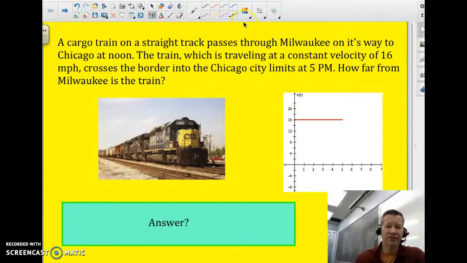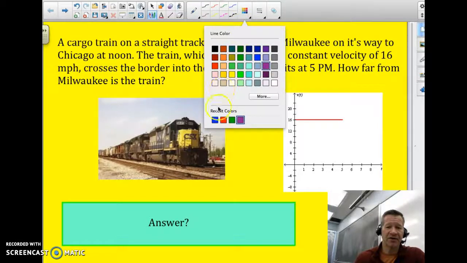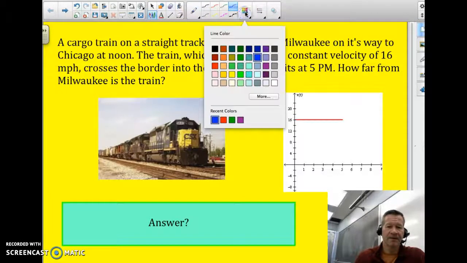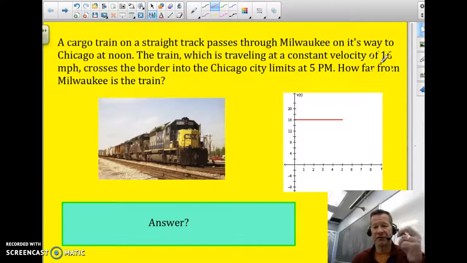Now, this is basically an example of a simple problem involving distance, rate, and time. We can see clearly here that they give us the rate that the train is traveling at, 16 miles per hour, and it crosses the border at 5 p.m. after coming through Milwaukee at noon, so it's been traveling for 5 hours.